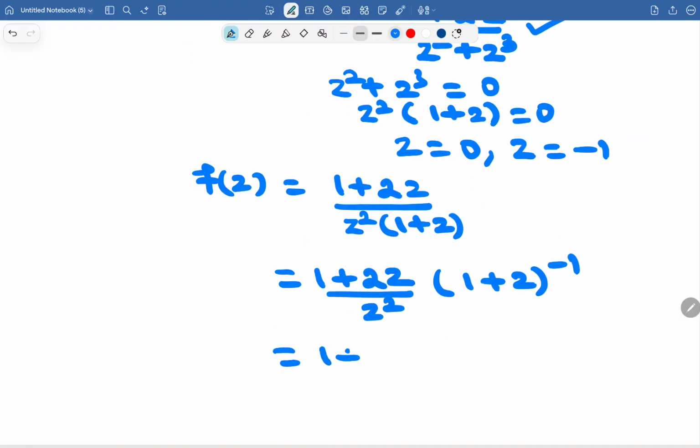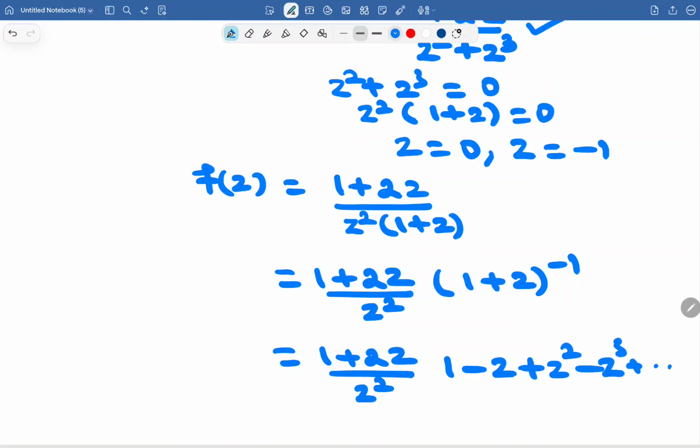This is 1 plus 2z by z square times 1 minus z plus z square minus z cube plus dot dot dot. This is from the formula 1 plus x power minus 1.